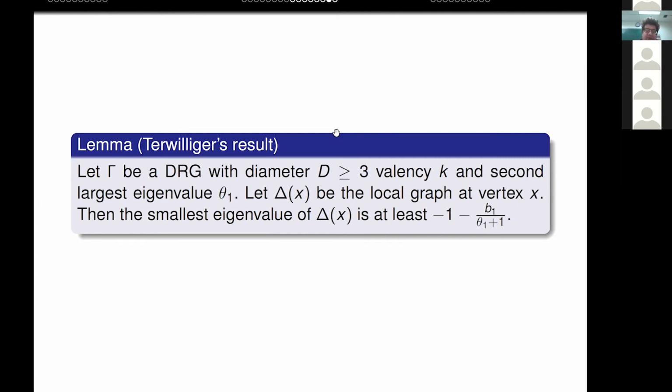Let Delta(x) be the local graph at vertex x. Then the smallest eigenvalue of Delta(x) is at least -1 minus b1 over theta 1 plus 1. So if I fix b1 over theta 1 plus 1, then this local graph has a fixed bounded smallest eigenvalue.